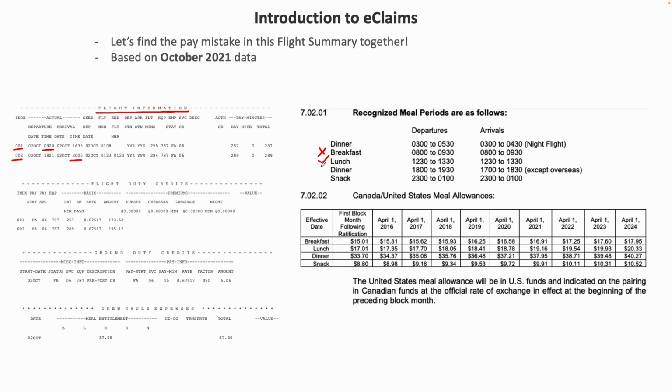And we also know that we'd be eligible for a dinner back at home base because we arrived at 8:05 p.m., which is after 6:30 p.m. local time in Vancouver. We know that we would not be eligible for a snack because our duty day finished before 11 p.m.